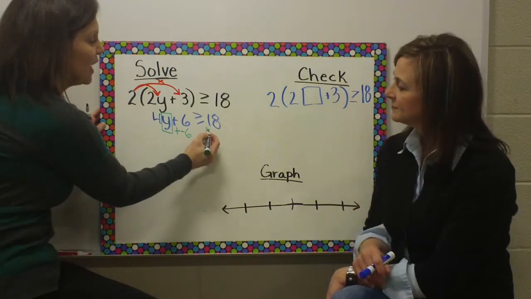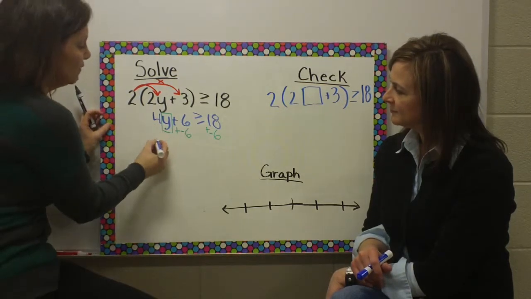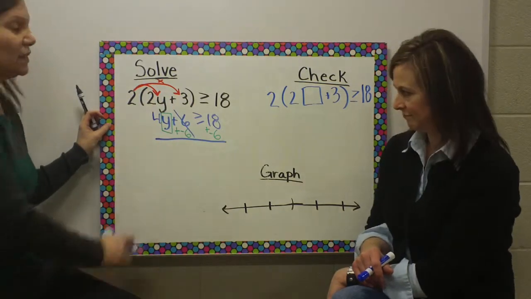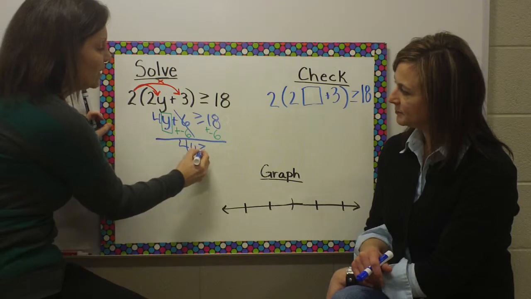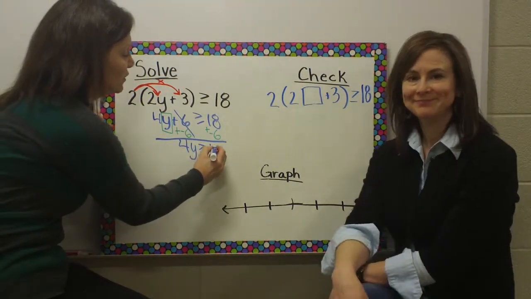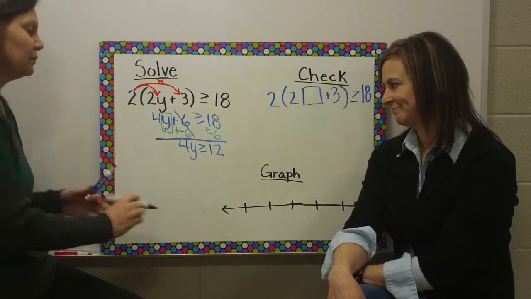And on the opposite side, I will also add negative 6. Simplifying, I have positive 6 and negative 6 as opposites. 4 times y is remaining. And on the other side, I have 18 plus negative 6. I'm going to find the difference between those numbers. I have more positives, so positive 12.